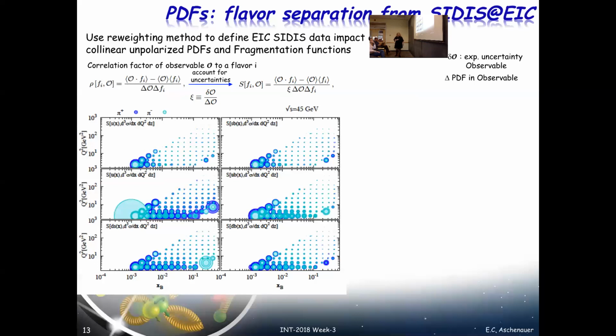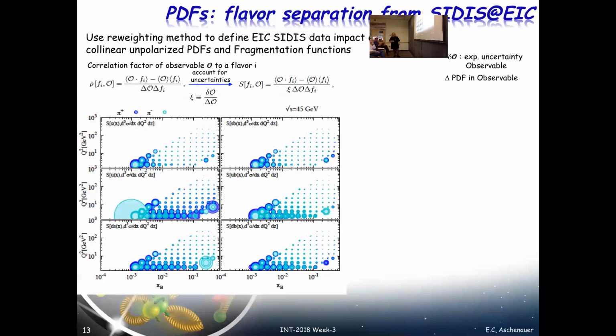And now what you see is this normalized correlation function for the s, the s bar, the u bar, the d, there's a typo, and the d bar as a function of x and Q squared. Where you have big bumps, that's a high correlation, so you will constrain things very well.